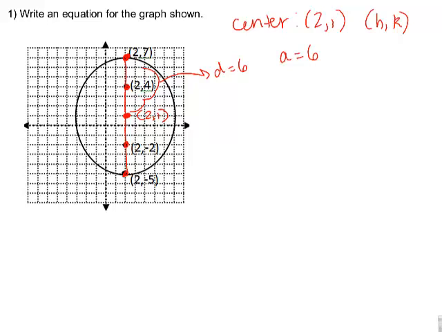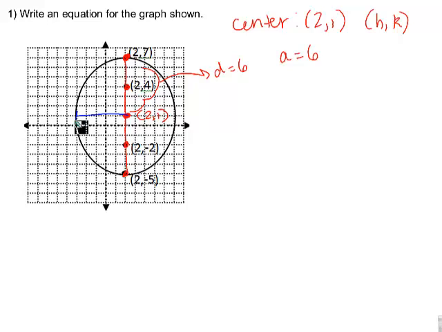b would be the distance from the center to the edge on the minor axis, but we were not given that point exactly. So we're going to have to look at another way to find it. What other points were we given exactly? Yeah, the foci points.